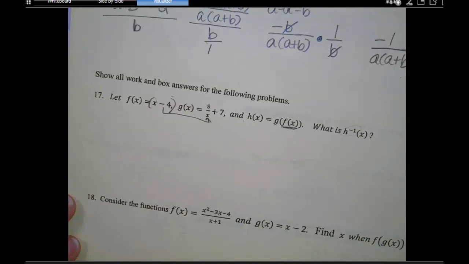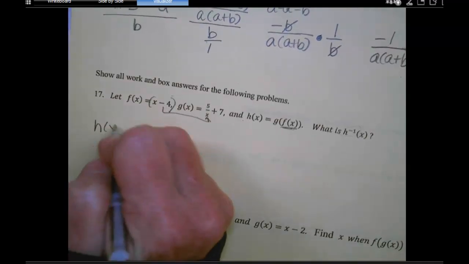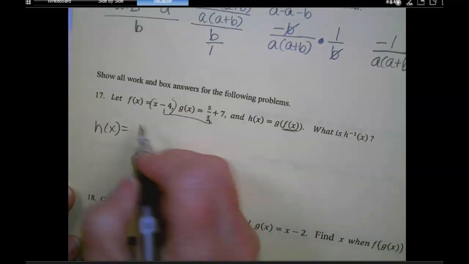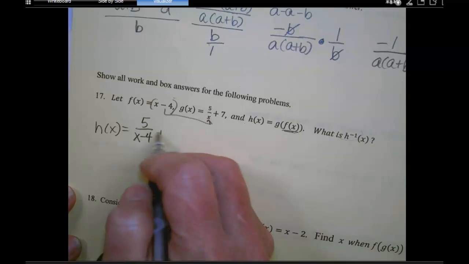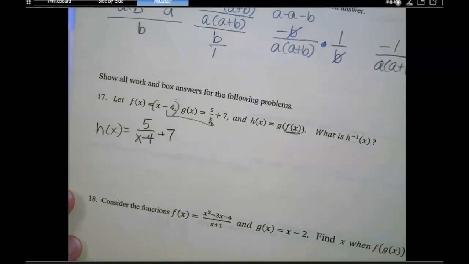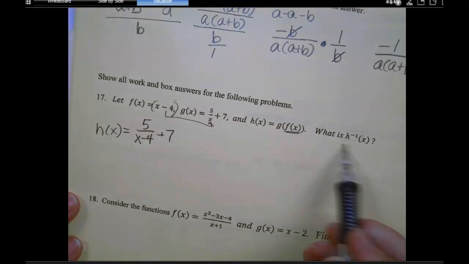Okay. So when I do that, I'm going to get h of x equals 5 over x minus 4 plus 7. So this is my h of x, but what do I have to find?